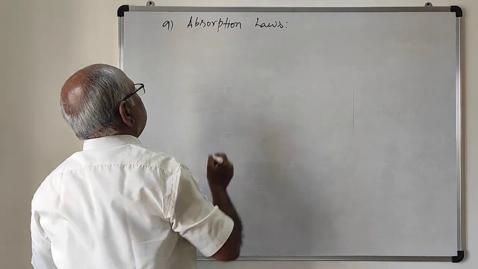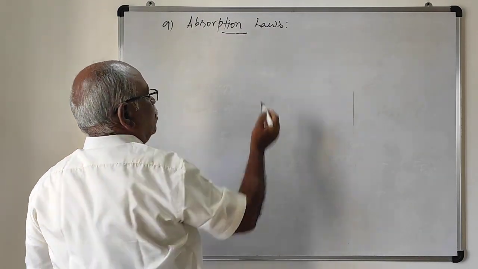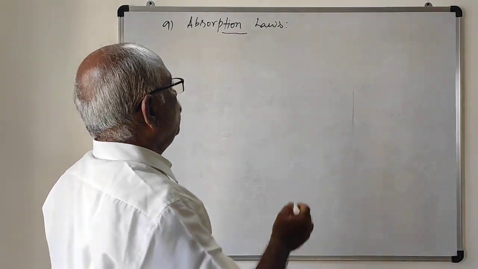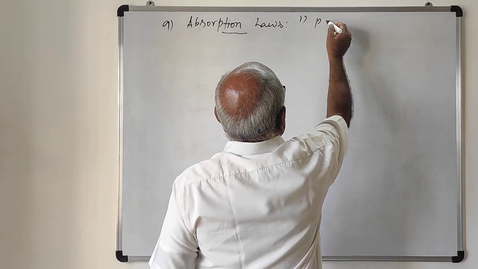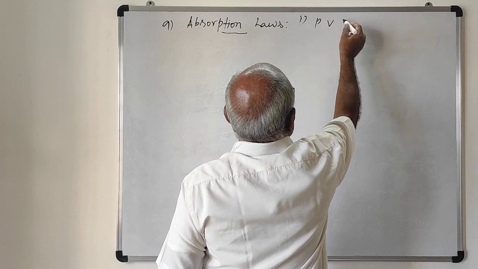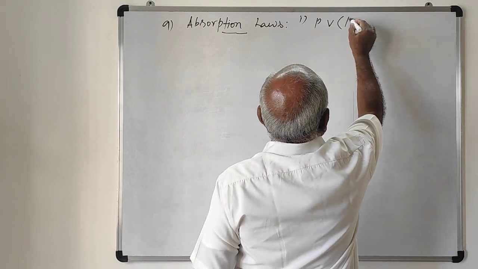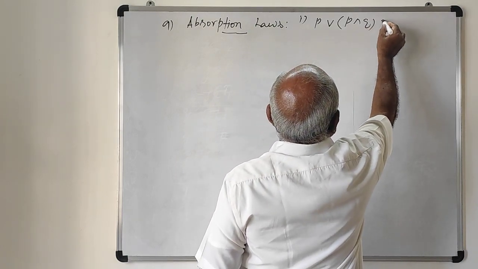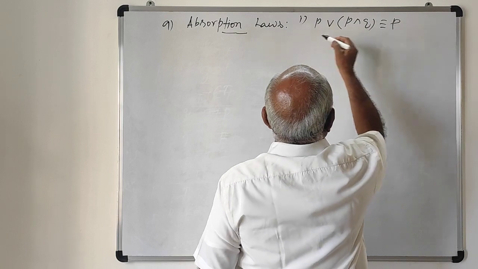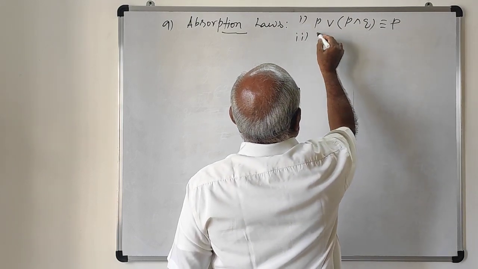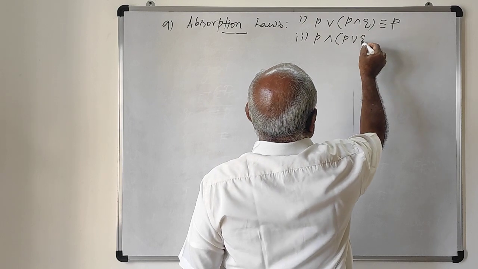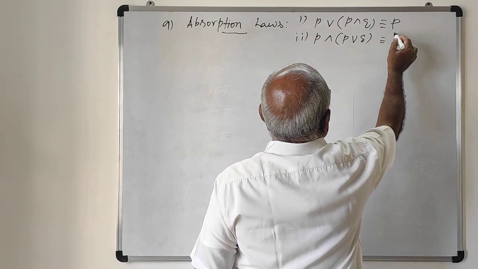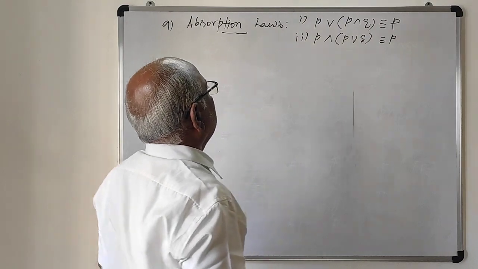For any two statements P and Q, absorption laws are: P disjunction P conjunction Q is equivalent to P. Second one is P conjunction P disjunction Q is equivalent to P. These two laws are called absorption laws.